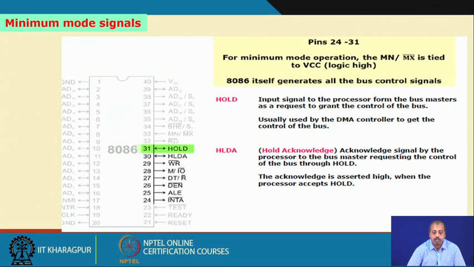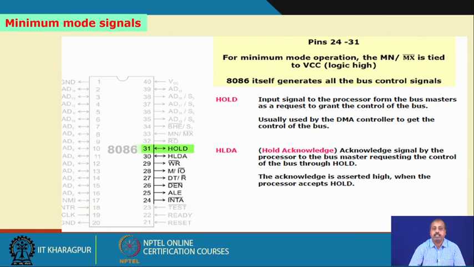Then we have two more pins, hold and hold acknowledge, which are similar to the 8085 again. Hold is an input signal to the processor. The other bus masters in the system can request for this holding.